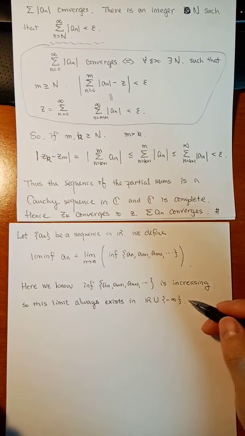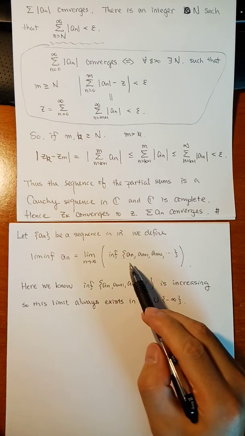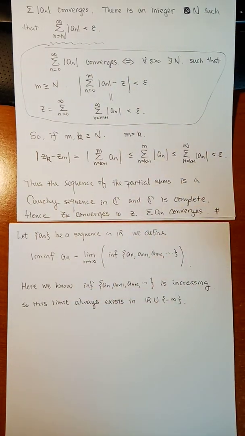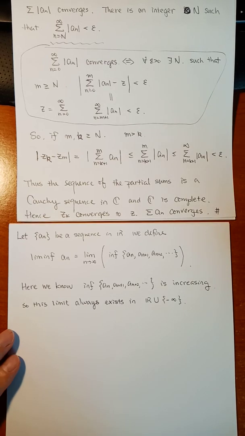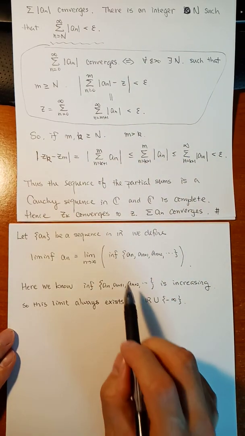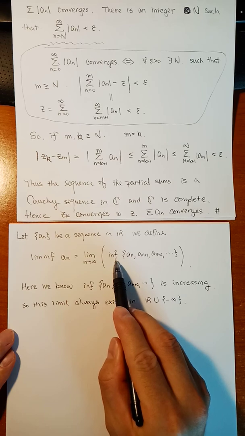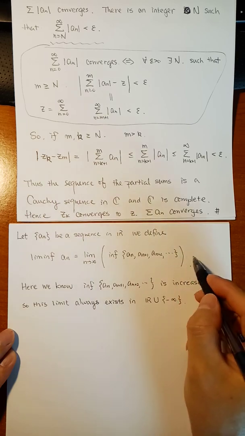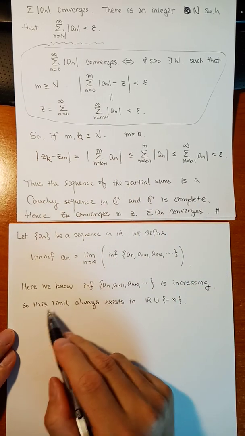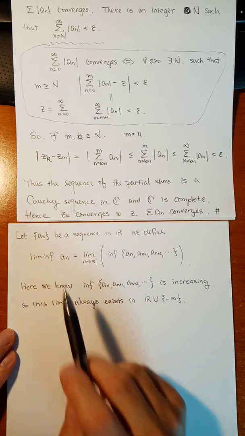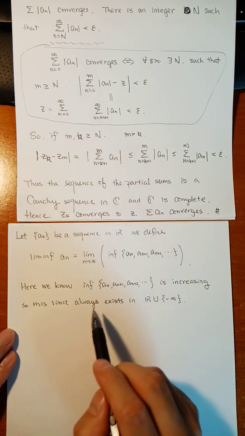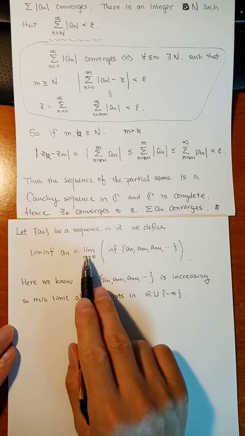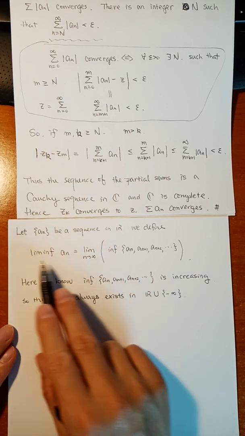It could be negative infinity, in R union negative infinity, so be careful. So by using the infimum of the terms an plus 1, an plus 2, and so on, you change a general sequence to a monotone sequence, then you can always discuss a limit. Because you use limit infimum, it's called lim inf.